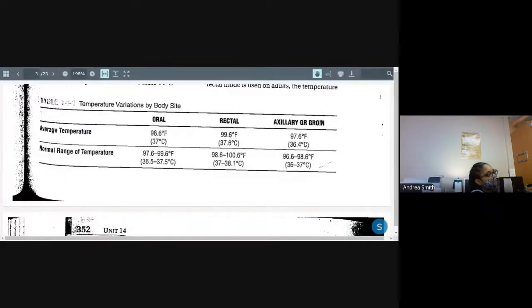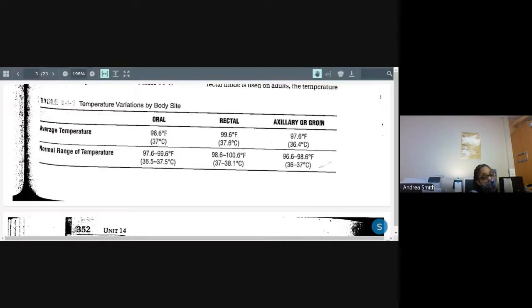So this is the last one. So the temperature ranges are on the bottom of page 351, which is right here. And the only ones that you need to know is the row that says average temperature. They're not hard to remember because they're pretty much in order, or you need to put them in order. So average temperature is oral, 98.6, rectal is 99.6, and axillary or groin is 97.6.